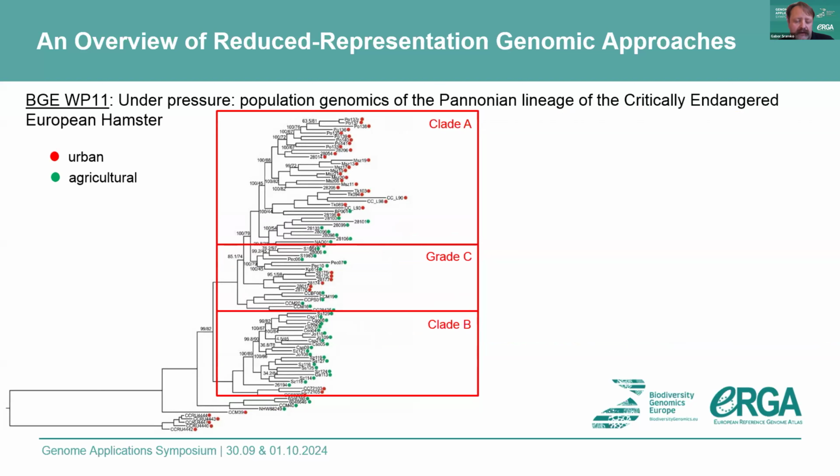And within this, there are some populations which urbanized, some which are still living in the agricultural environment. And we can pick from those individuals what we will resequence. And actually, with this genetic structure in the background, we could make an informed decision.